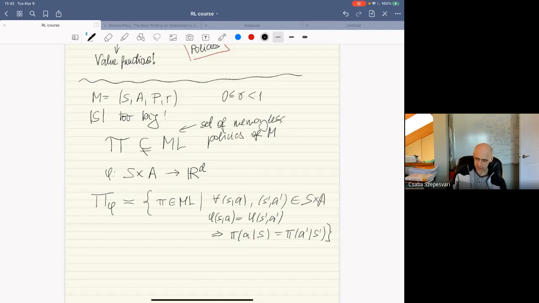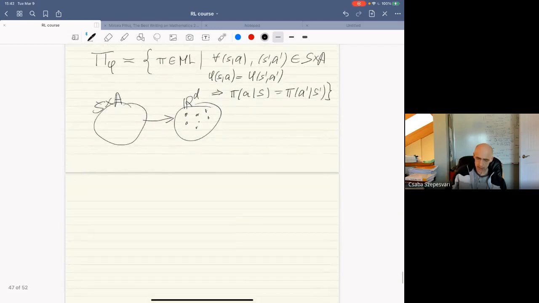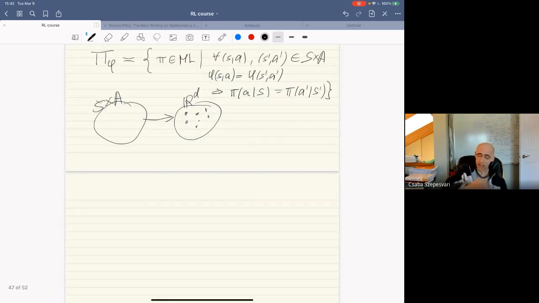The idea is that you have a set of state-action pairs, and all that whoever is designing the policies can see is this image in R^d. So they can act based on these vectors, but they can't do anything else.